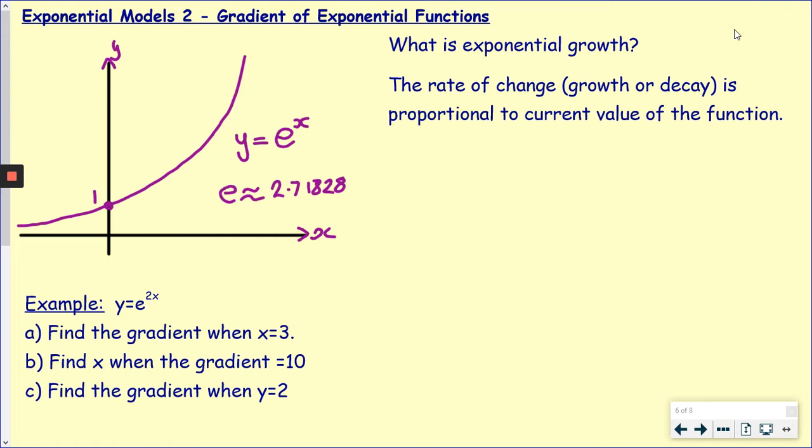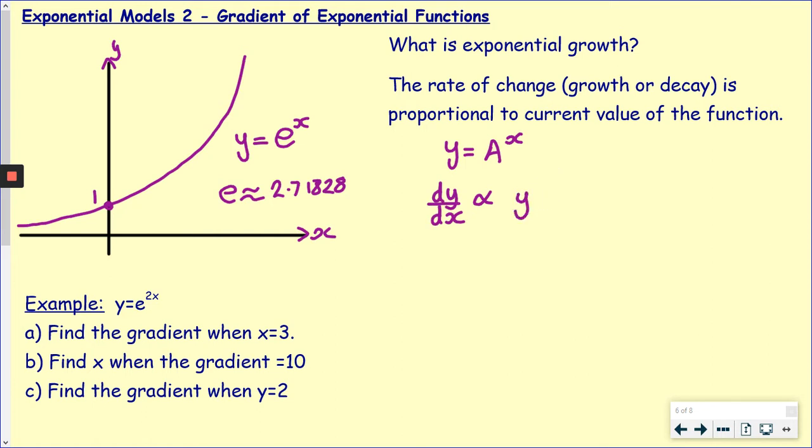How can we write this down? Let's say we have y equals a to the x. Then the rate of change is our gradient function, dy dx. And we're saying that that is proportional to a to the x. We could write, if we prefer, just y.